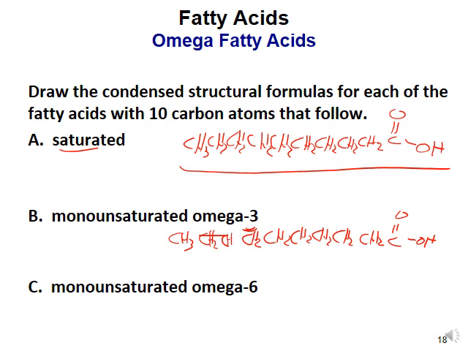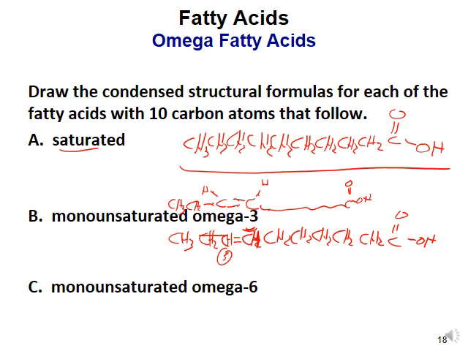We got a CH double bonded to a CH, because the double bond happens at carbon 3. Got it? You don't want to have too many bonds on any carbon. So this carbon has a hydrogen and a CH2CH3, and then a double bond to another carbon that has a hydrogen, and the rest of the chain with the polar head group. 1, 2, 3, 4. 1, 2, 3, 4. Okay, that's nice.